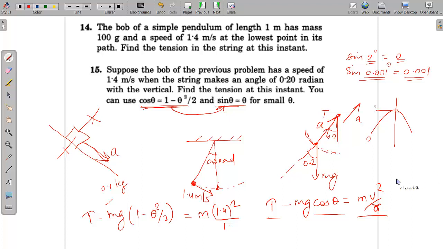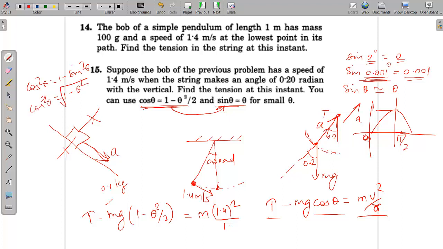This is 90 degrees, this is origin. So for very small thetas, you can assume that sine theta is equivalent to theta. So cos square theta is equal to 1 minus sine square theta, that is 1 minus theta square. So cos theta is equal to the square root of 1 minus theta square. Okay, leave it anyway. You need not worry about those. We don't require sine theta here, right?